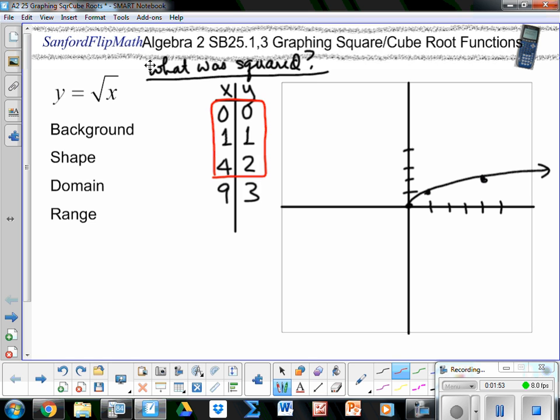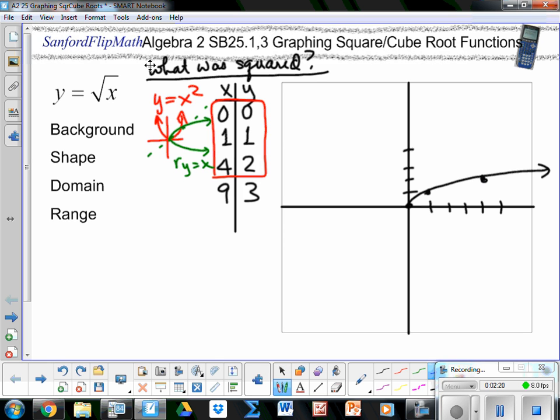Just a reminder of the background on this: where did this come from? Remember, this is saying what was squared. If you start with the function y equals x squared, which is a parabola that opens up, and you do the inverse of that, you may recall it reflects the graph over the line y equals x and turns the graph sideways.